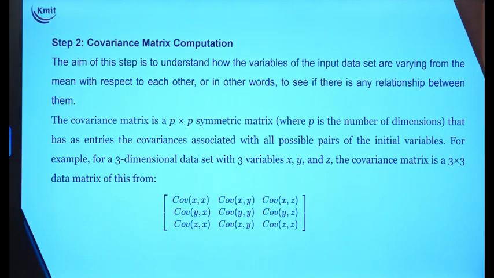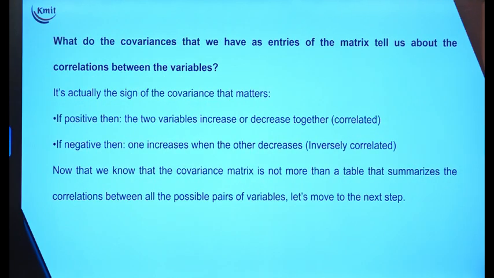And since the covariance is commutative, that is covariance of a comma b is equal to covariance of b comma a, all the entries of the covariance matrix are symmetric with respect to the main diagonal. Which means that the upper and lower triangular portions are actually equal when you calculate this particular covariance matrix.